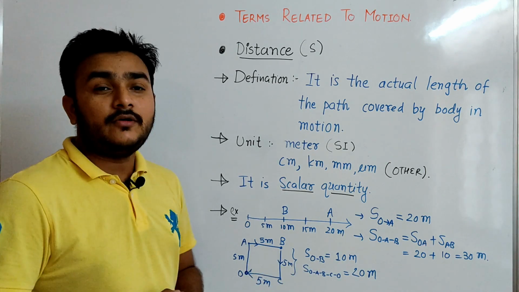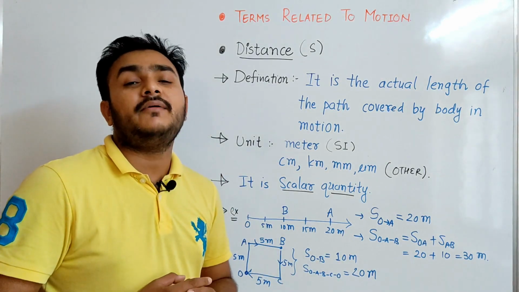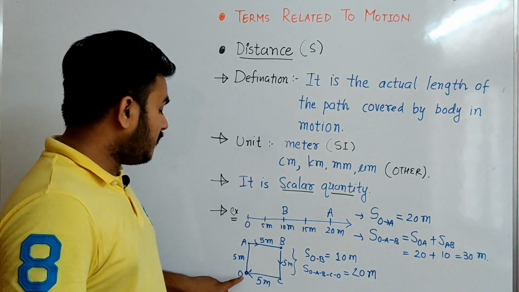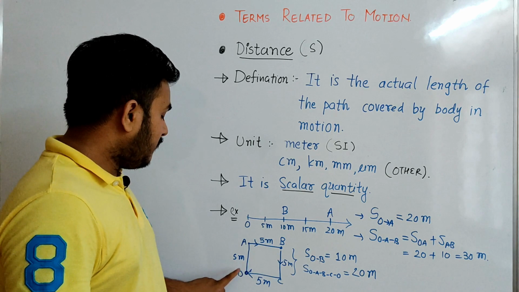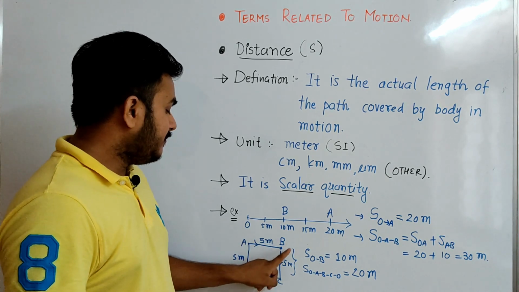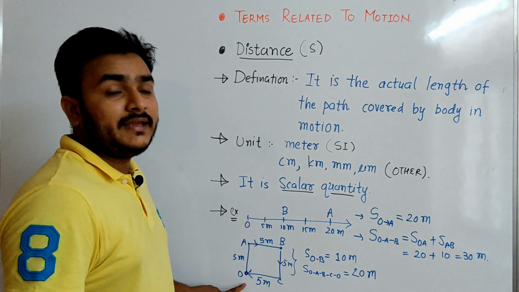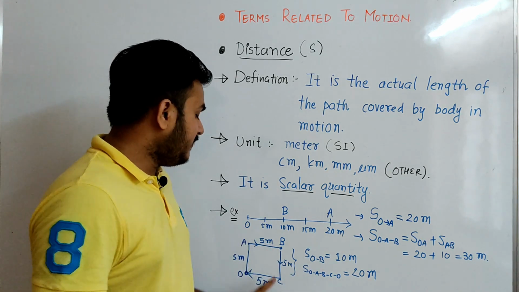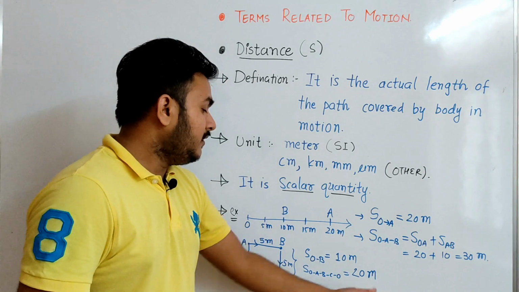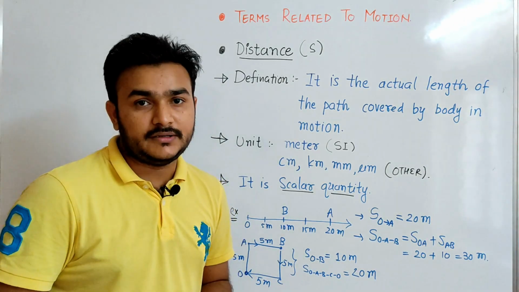And if I want to find the total distance traveled at the end of the journey, from O to A to B to C to O again, the distance covered in each section is 5 meter. So the total distance traveled is 20 meter.